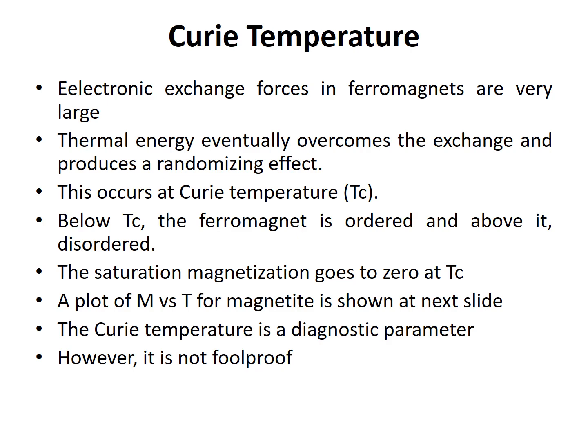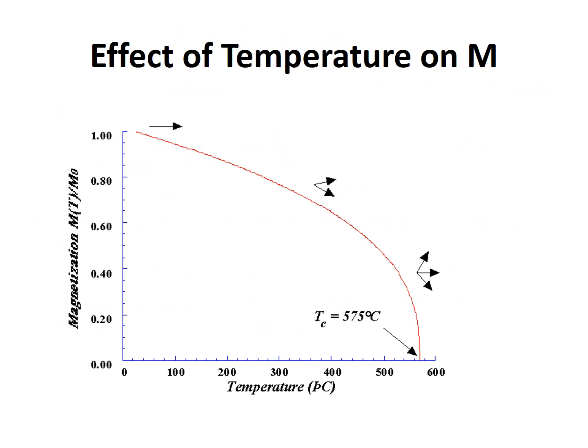So different materials have a definite value of Curie temperature, and it's also a tool to detect minerals and metals. But it is also mentioned here that it's not a foolproof tool because some of the materials can have their Curie temperature in a similar range.